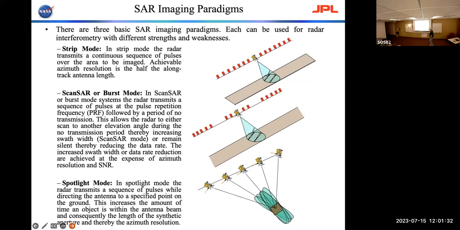Azimuth. Because remember, the formula that I derived says that my resolution in this case of the antenna over 2 means I'm basically integrating going from one edge of the beam to the other. If I only go through a portion of the beam, I only get a portion of the azimuth resolution.